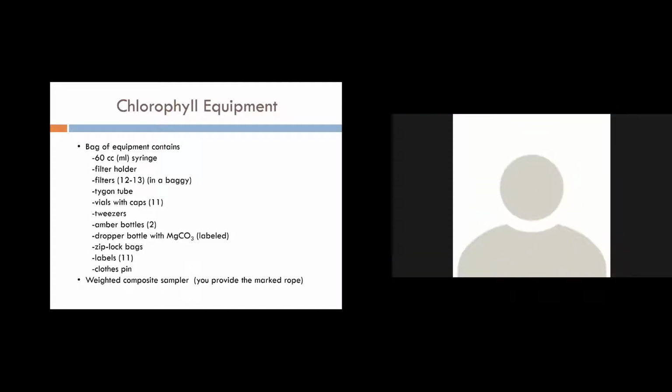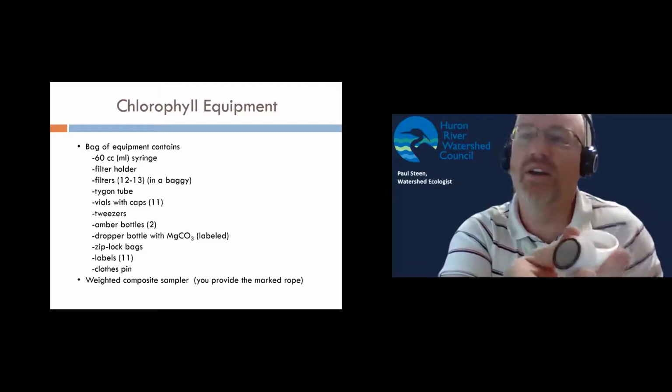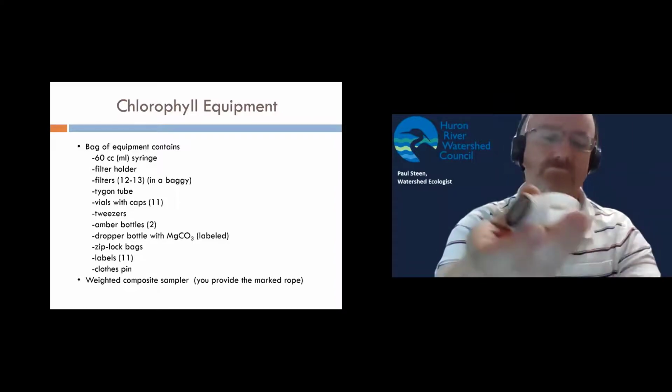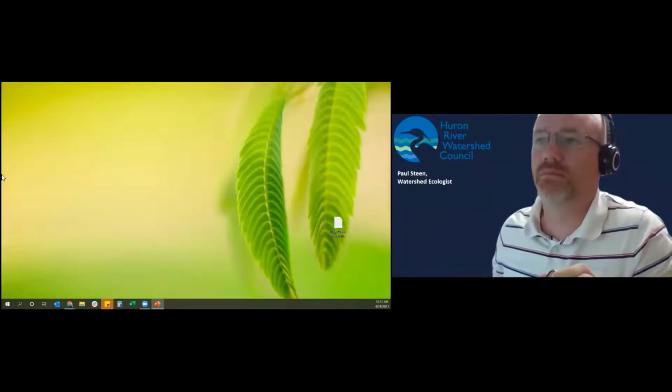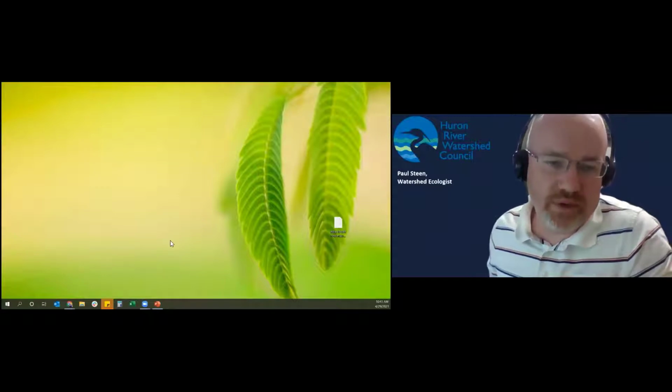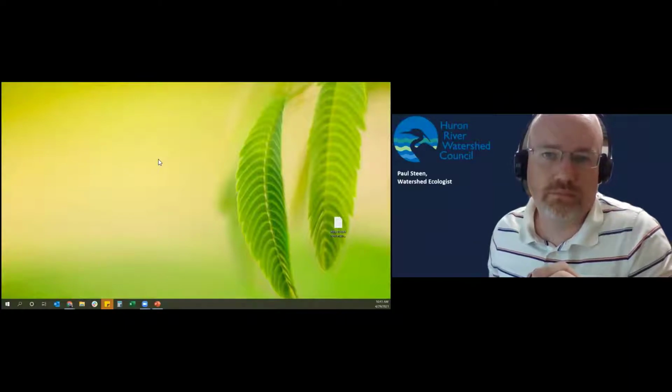You might want to stop screen sharing. You can't see my picture. I wonder if I can make myself big. Double tap the mini.